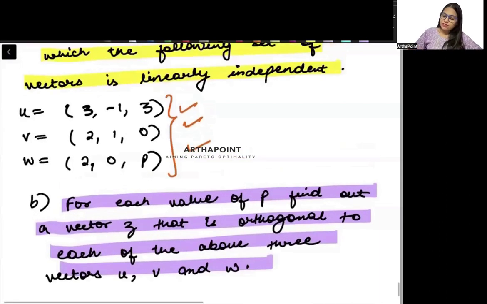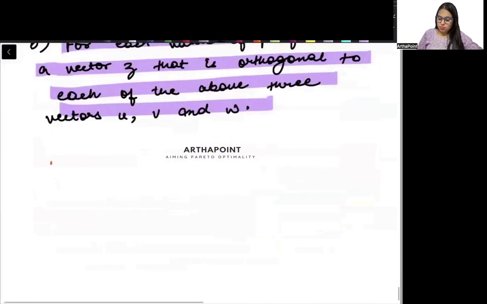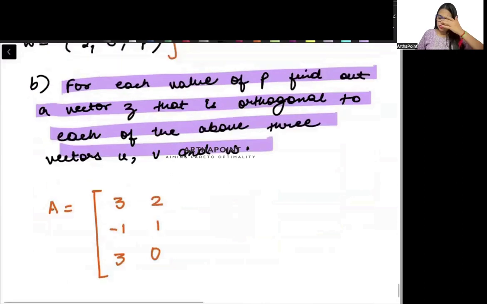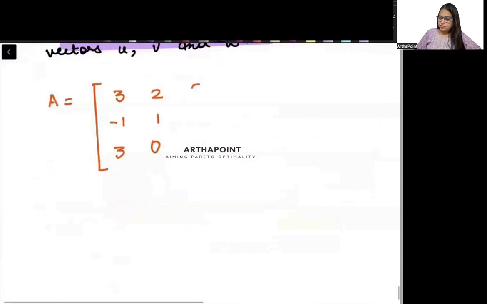So beta, for linearly independent, we know that when we find the determinant of the matrix, the determinant should be equal to 0. So your matrix is 3, -1, 3, 2, 1, 0 and 2, 0, P. Right, beta?